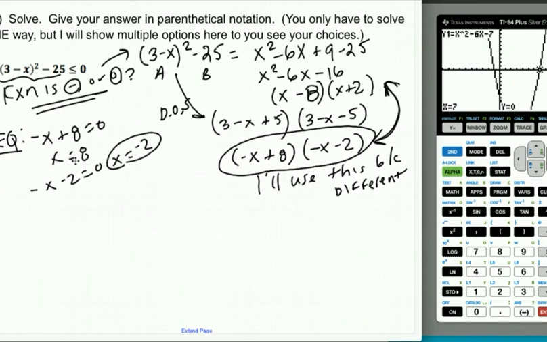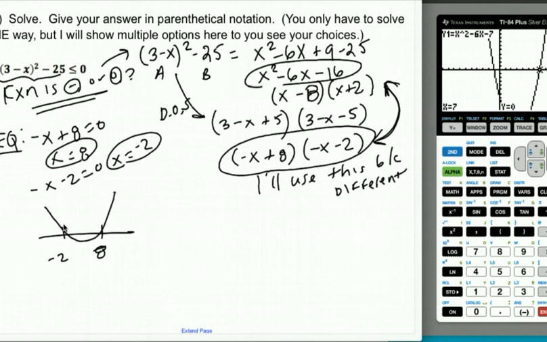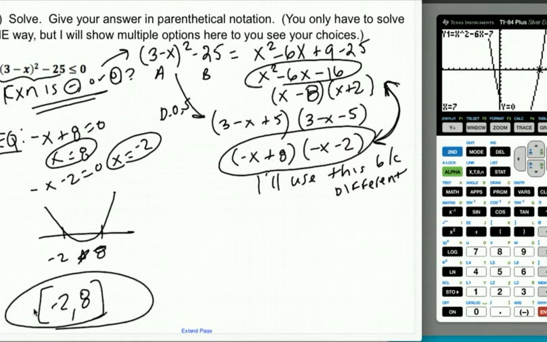So those are my two zeros. And again, it doesn't matter which of these options you pick. So this is what the thing FOILs out to. So it's a smile. So you can either pick this option where you say, cool, here's negative 2, here's 8. It's a smile when I FOIL it out. And since I want when it's negative or 0, this is going to be my winner. It's going to be negative 2 to 8. That's one way to get it.